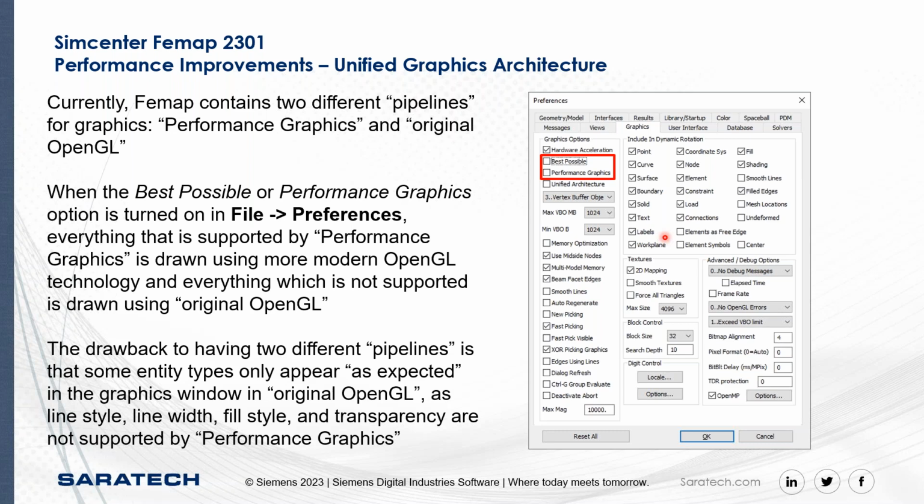When you have best possible turned on, which is done through the file preferences menu, everything that is supported by the more modern performance technology is plotted in that manner, and everything that is not supported is drawn in the original OpenGL. So there's a bit of a mismatch between those two pipelines, with some entities drawn with the performance graphics and some with the original OpenGL.